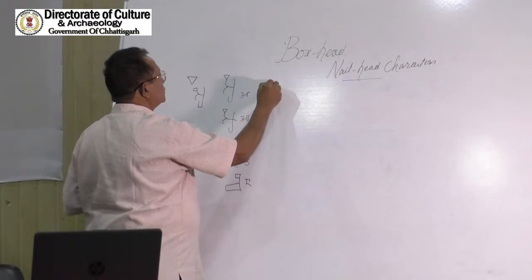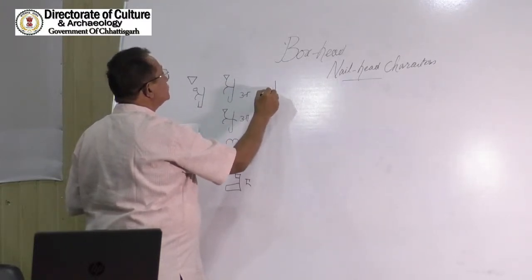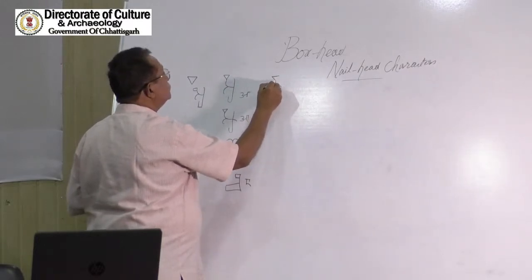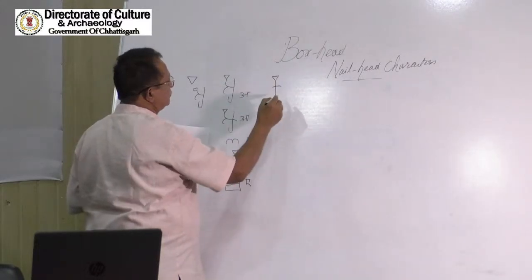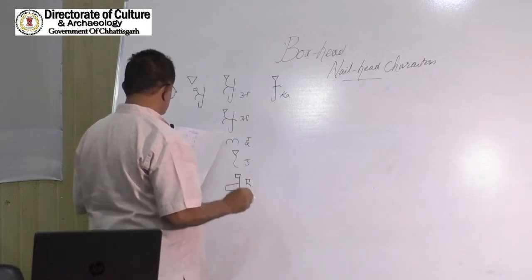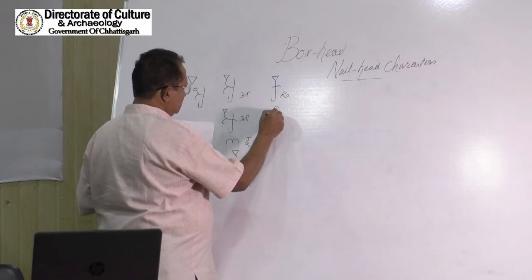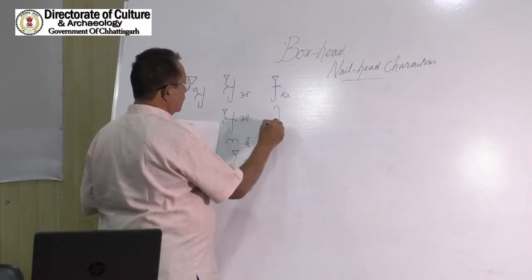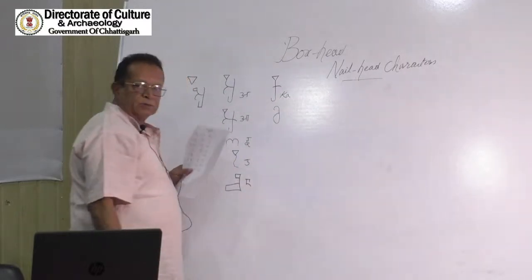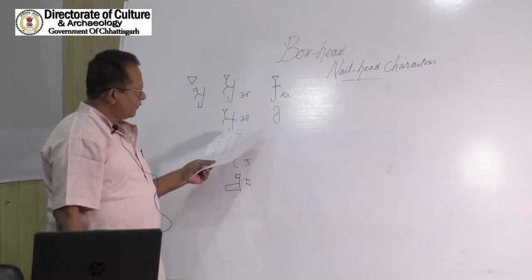Coming to the vowels, and the Ka also, you don't have any attachment. As you saw in the box style, there is no attachment here. It's just plain.